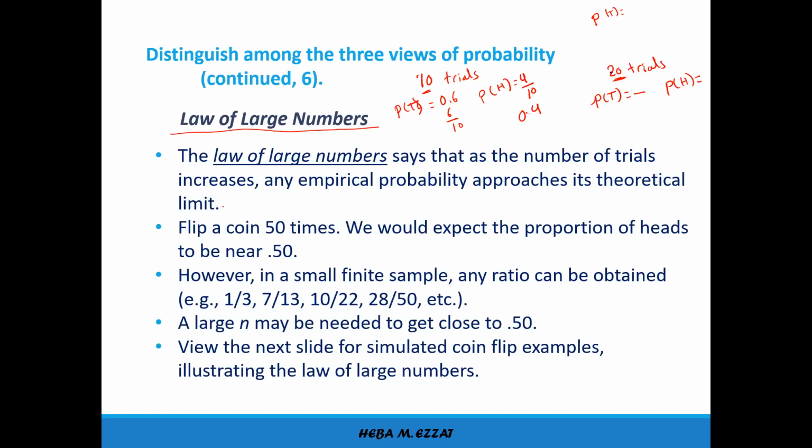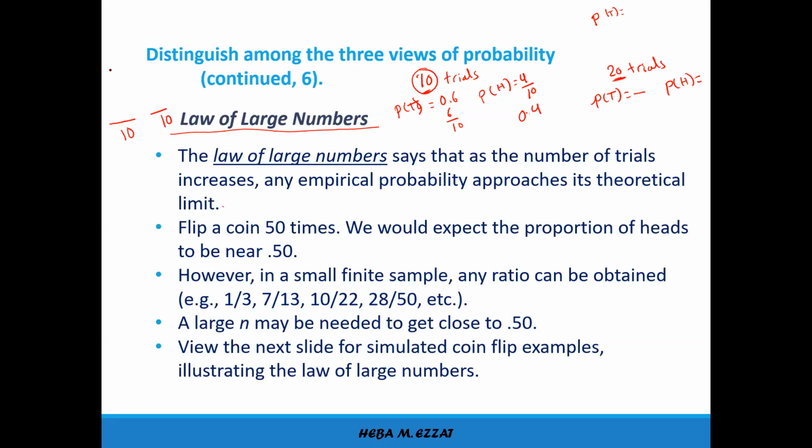The second trial came out 2 over 8. To be clear, we usually divide by the total. Here we have 10 trials, so this is why we divide by 10.